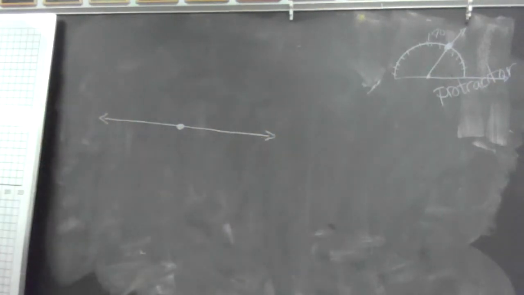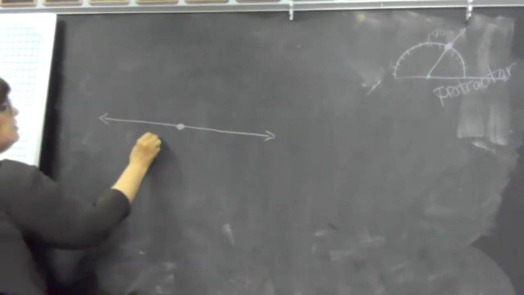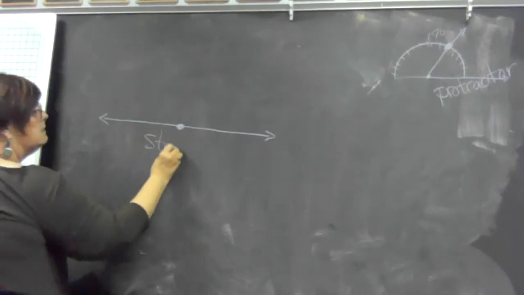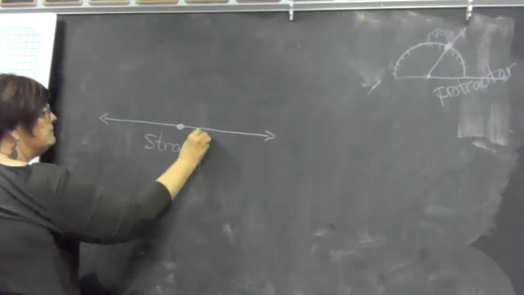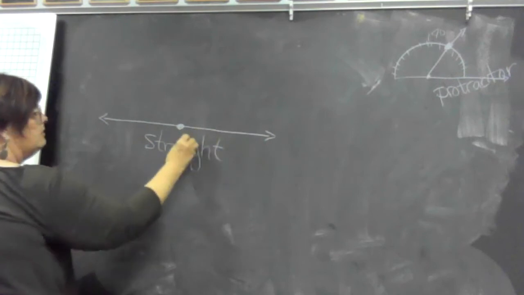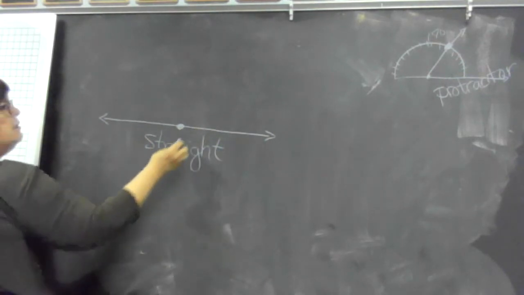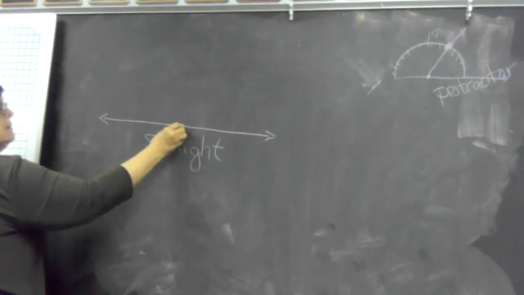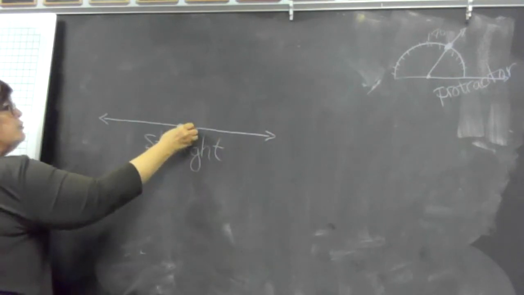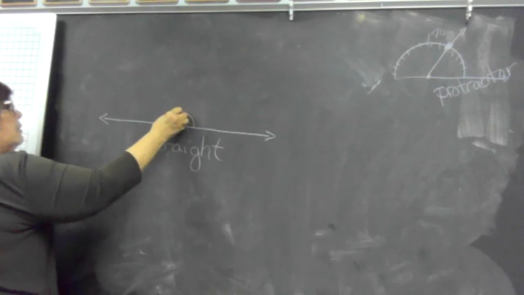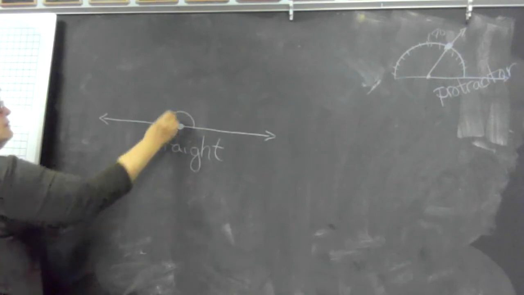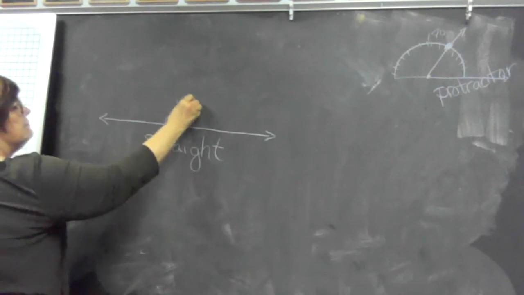And this is called a straight angle, which means it looks like it creates a straight line, but here's the vertex, here are the arms, and if you measure from here all the way to here, it's going to be 180 degrees.